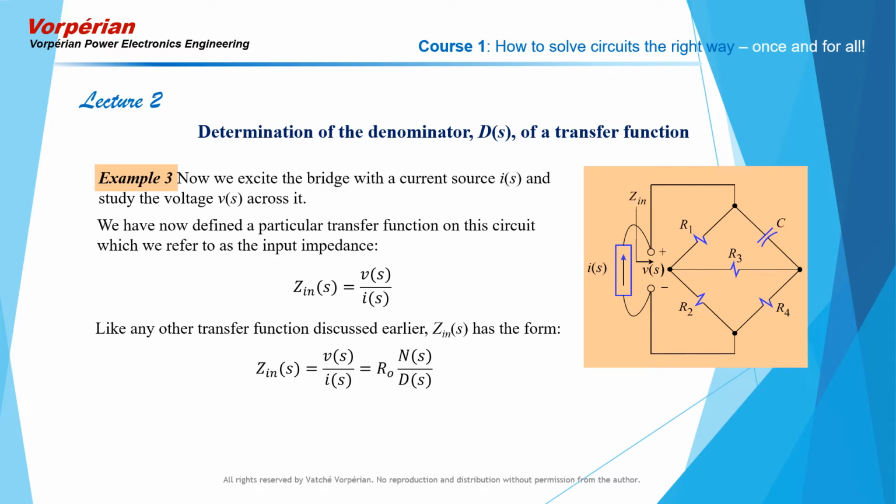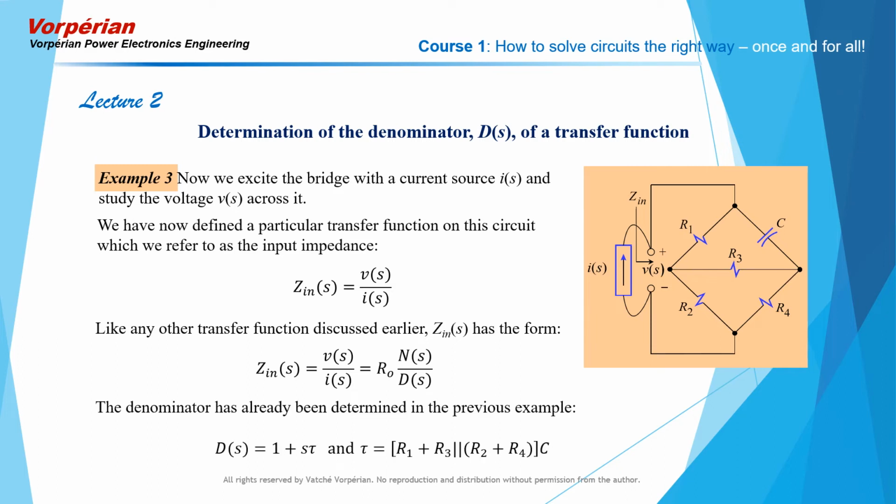And like any other transfer function discussed earlier, this input impedance has the form R0 followed by N(s) over D(s), where R0 is a constant of the same character as the N(s), and in this case it is really the low frequency asymptote of the input impedance, where the capacitor is an open circuit.